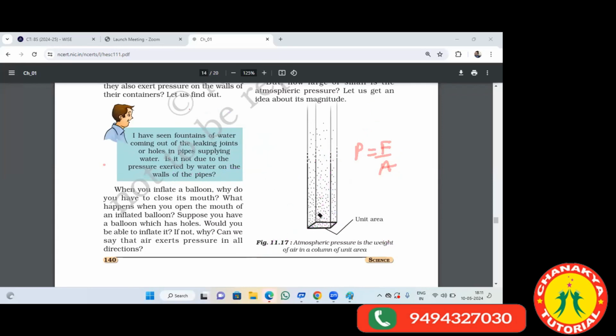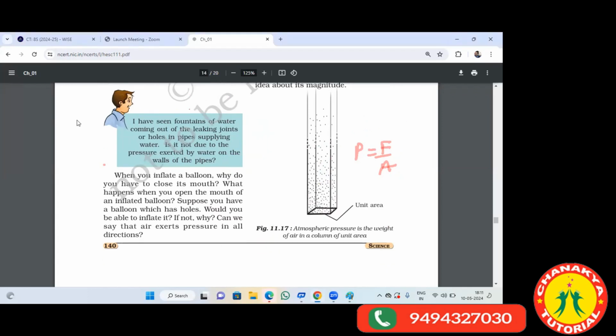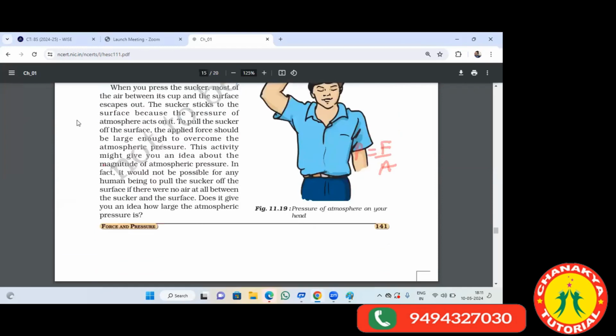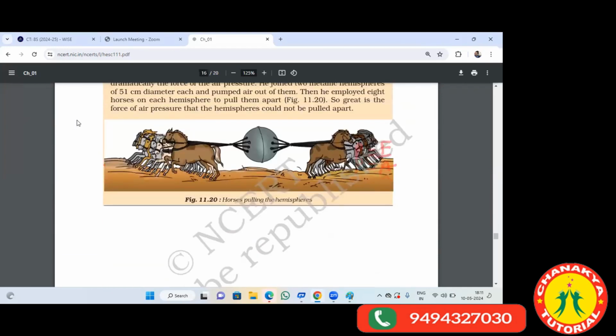See here at the bottom, you have this example of two metal balls. This metal ball was cut into two halves, and all the air which was present inside it was removed. A vacuum was created inside it by pulling out all the air.